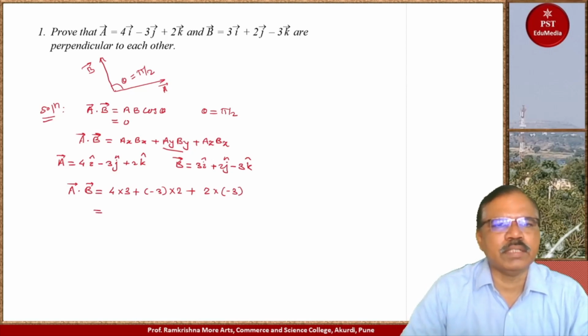So 12 minus 6 minus 6, that is 12 minus 12, and this is equal to 0. So A dot B is equal to 0.